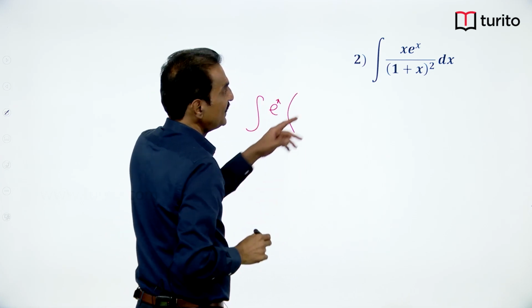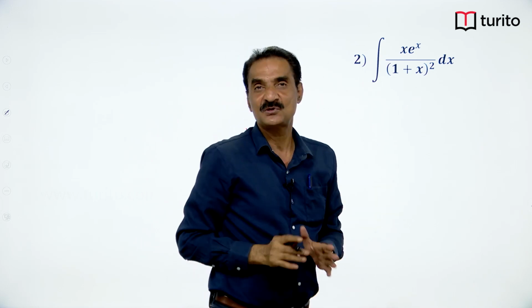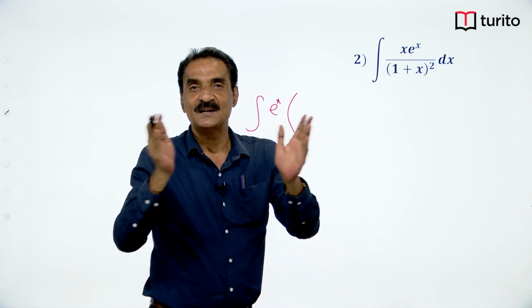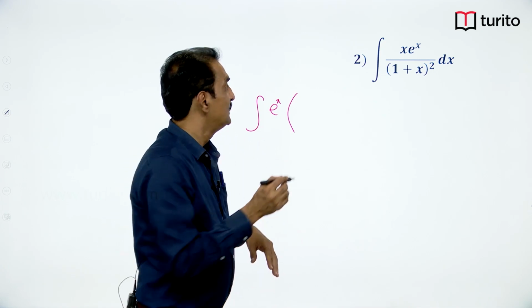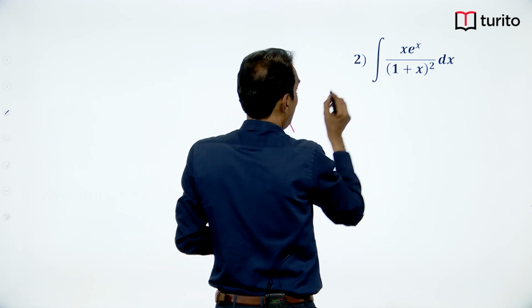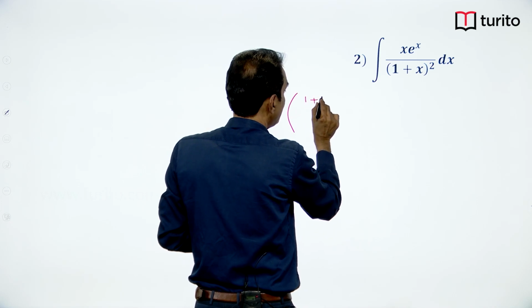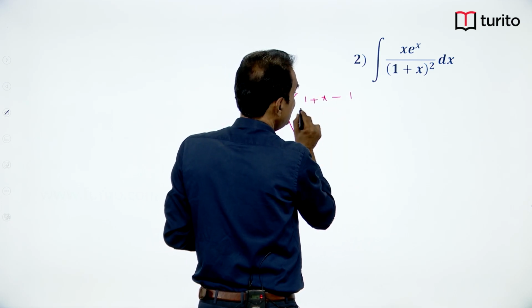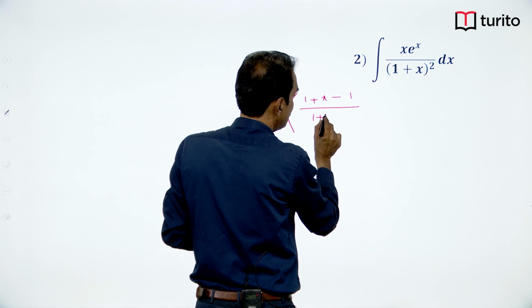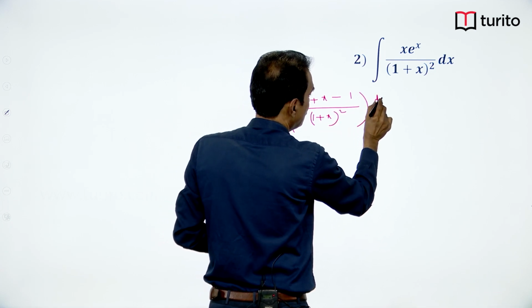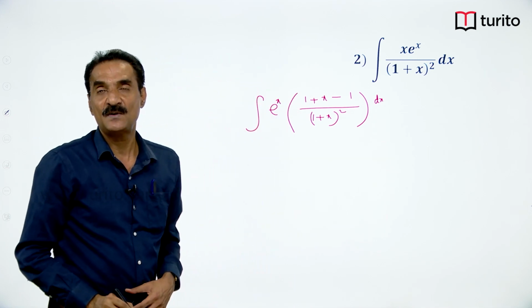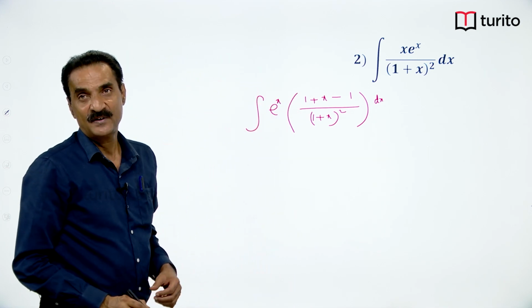Other than e power x, what is there? x by (1 plus x) whole square. We have to express it as sum of two functions, f of x and f dash x. For that, you write x as 1 plus x minus 1, so (1 plus x minus 1) by (1 plus x) whole square.